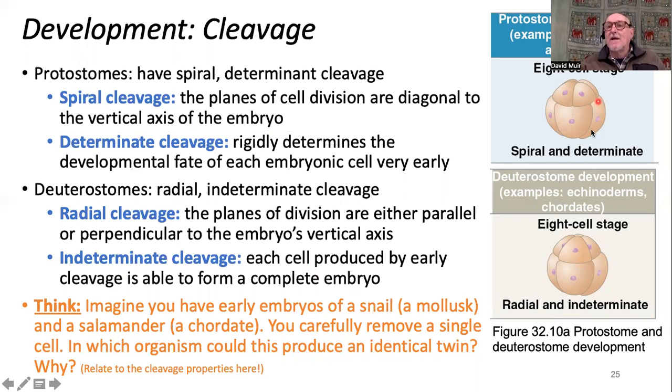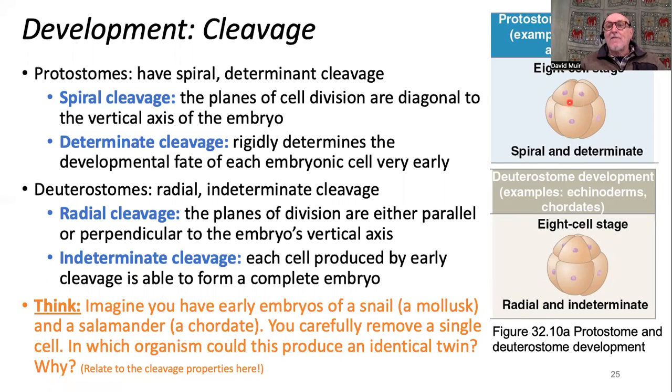Here is the cell which has given rise to that cell there. These daughter cells are sitting to the side. When cells in protostomes develop early, they divide in a spiral fashion, and it's called spiral.